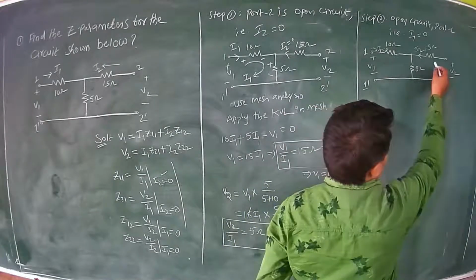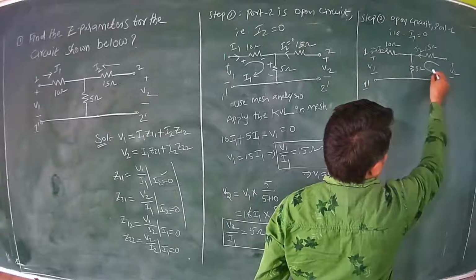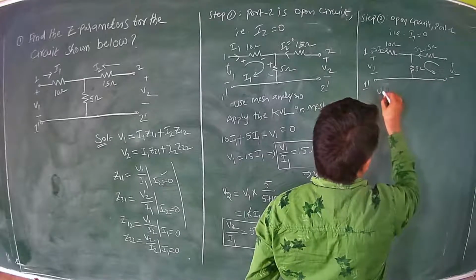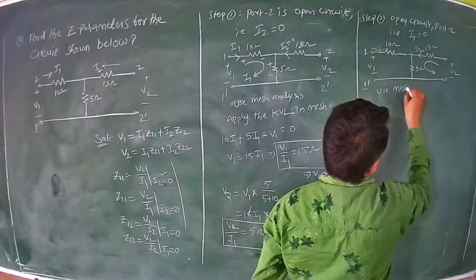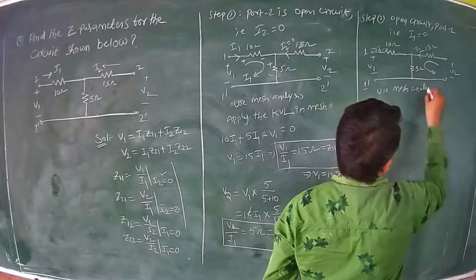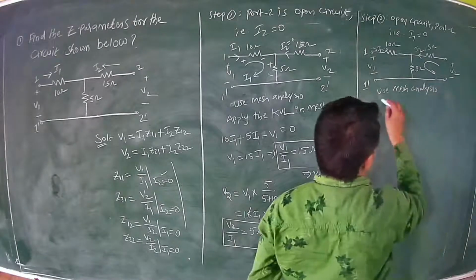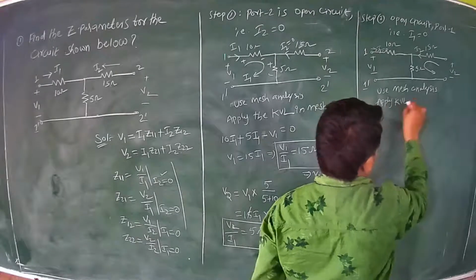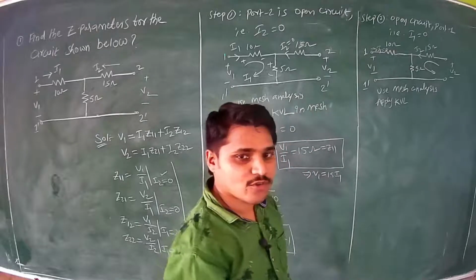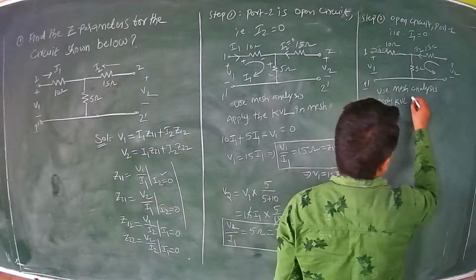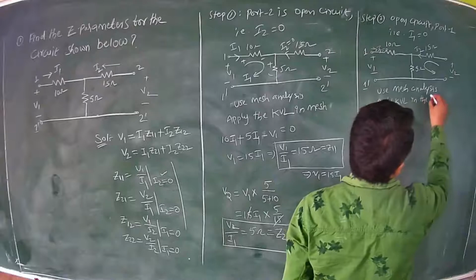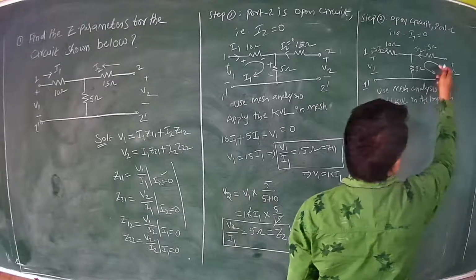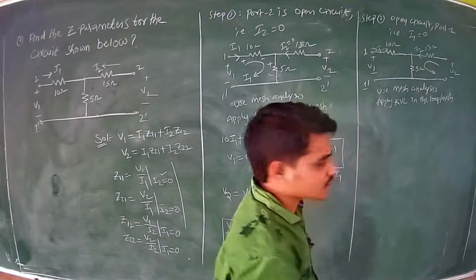So here also using mesh analysis. Apply the Kirchhoff voltage law KVL in this loop or mesh, this closed path.